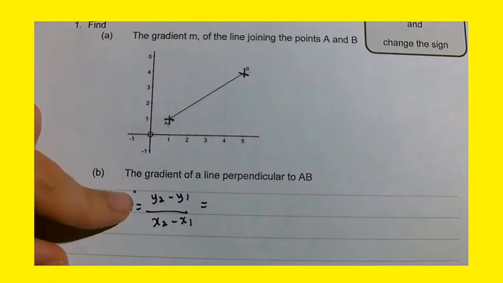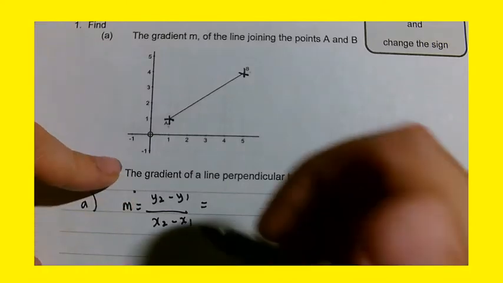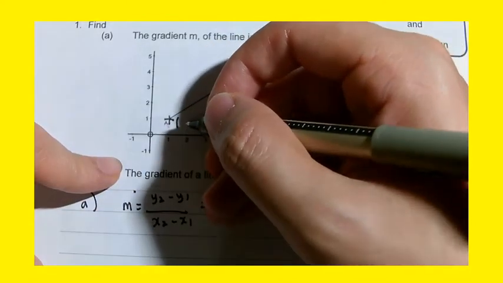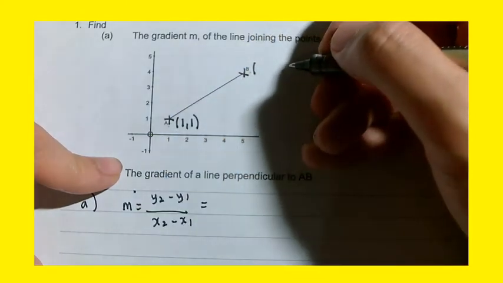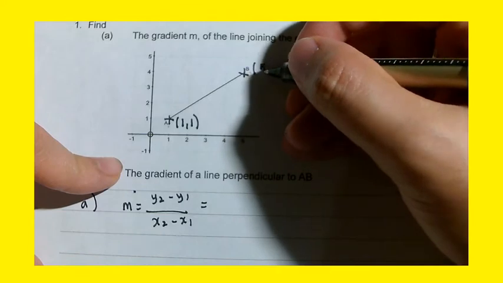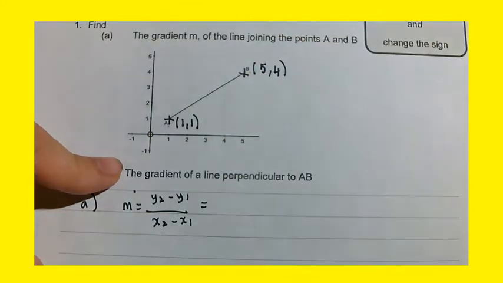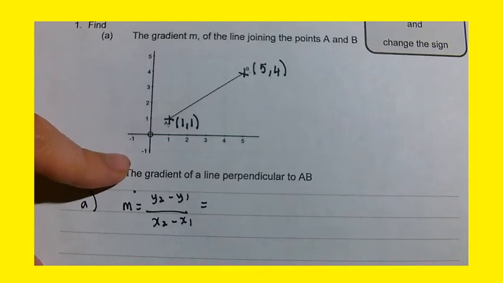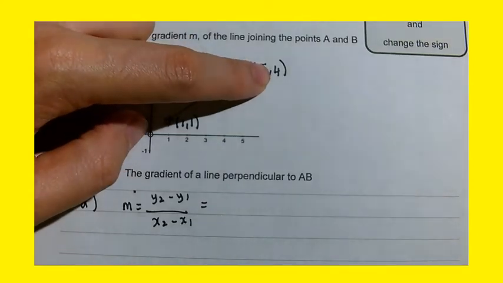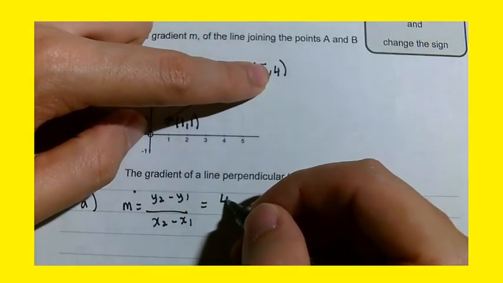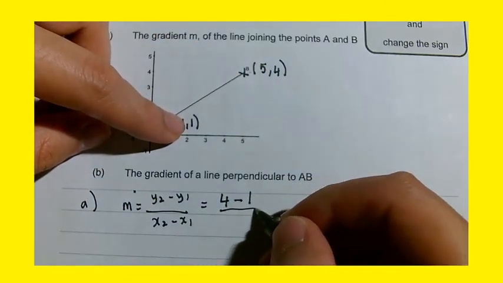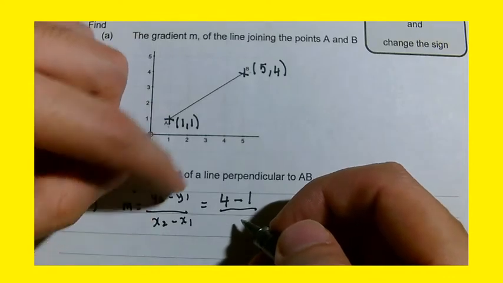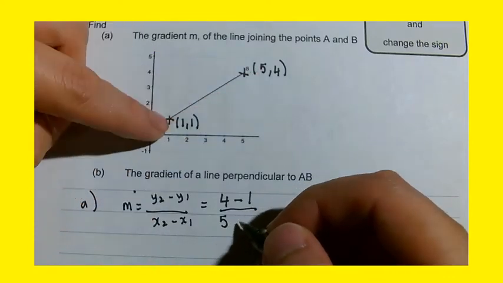I've got to make sure that I'm consistent with what I'm doing here. So the coordinate of A is (1, 1) and the coordinate of B is (5, 4). So y2 minus y1: y2 is 4, the second y value that I see, and y1 is the first y value that I see, over x2 minus x1.